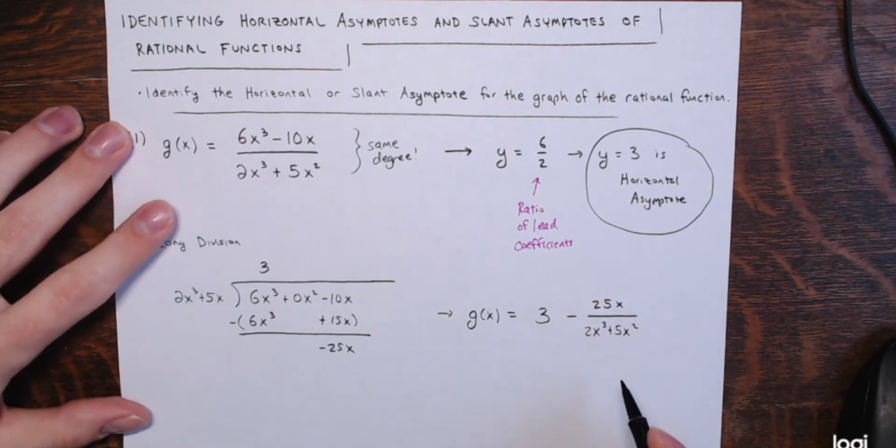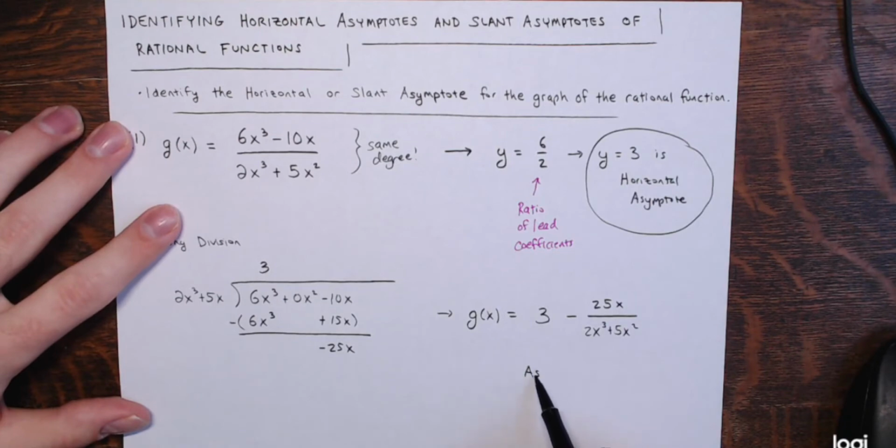And then look at what happens as x approaches infinity or negative infinity. This expression here will approach 0 because the denominator is so much bigger, it has a bigger degree than the numerator. And then the whole thing will approach 3, right? G of x would approach 3 minus 0.